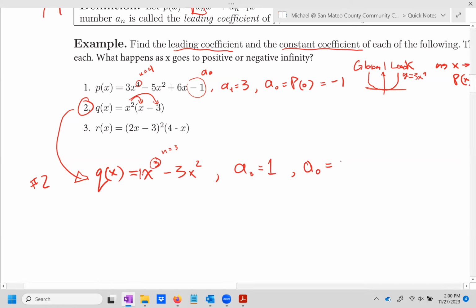What about a0? Is there a constant? No. Nope, 0. What about the end behavior? What about the global look? No, one was not negative.